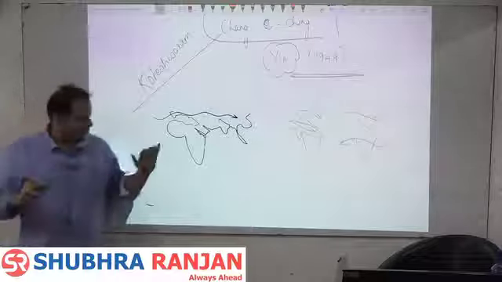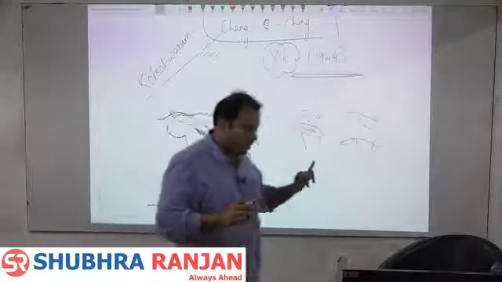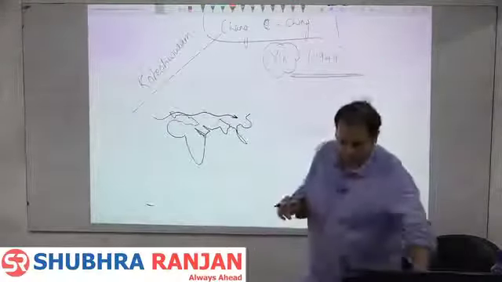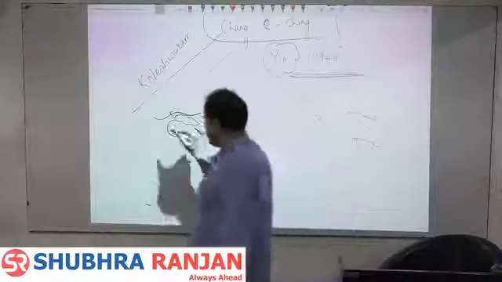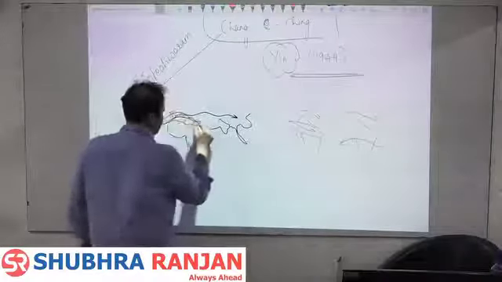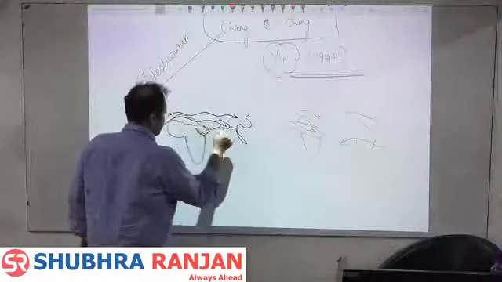Even if you don't know, this is the region where the subtropical westerly jet stream is present during the summers. During the winters, this is its position. So during the winters, this will bring the moisture from the Mediterranean Sea and Caspian Sea region and give rainfall to India, and we will call this western disturbances.